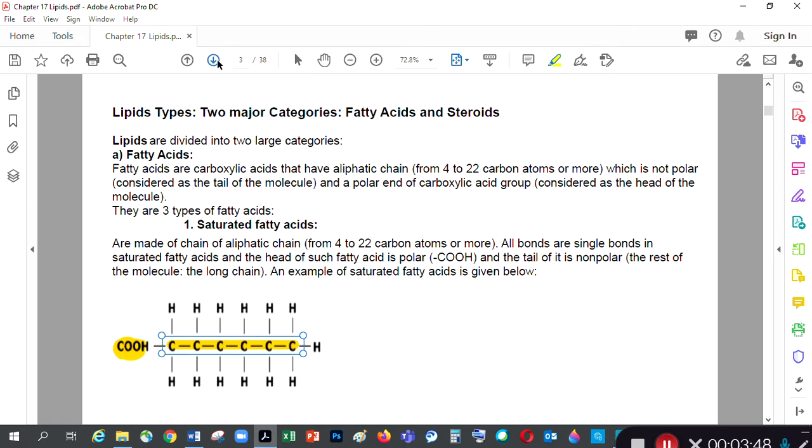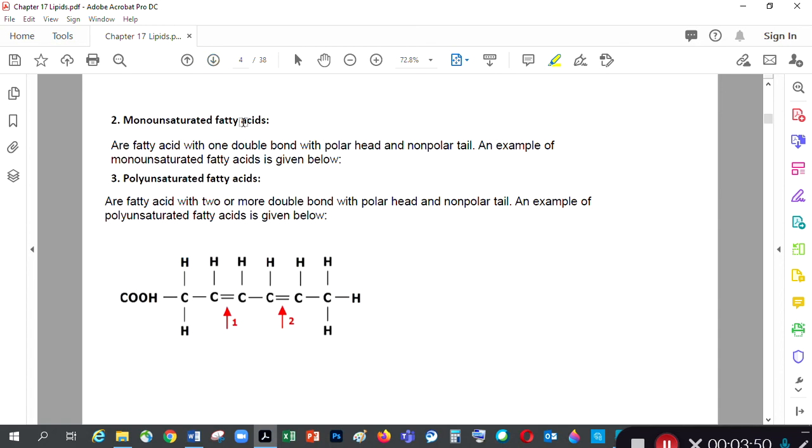There are other types as well. We have monounsaturated fatty acid. Monounsaturated means they have only one double bond. And we have polyunsaturated fatty acid. They have plenty of double bonds. Like here, this is our head, polar.